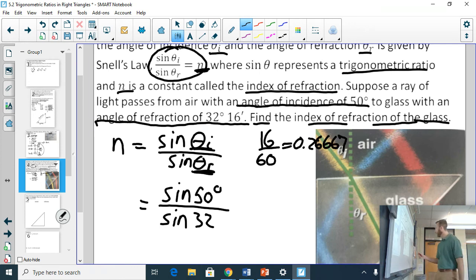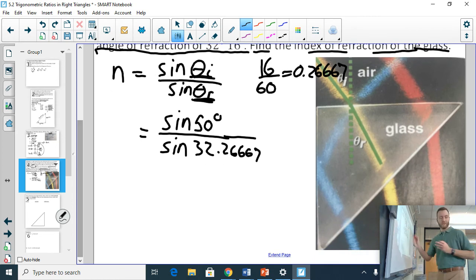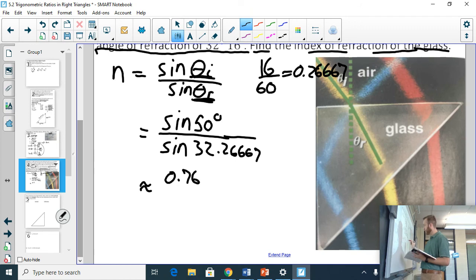So now we can put in 32.26667, which is 6 repeating when rounded. And then all we do is plug that into our calculator. I think it's easier to plug each individual one into your calculator. Once you do that, you should get roughly 0.76604, and we'll leave it there.